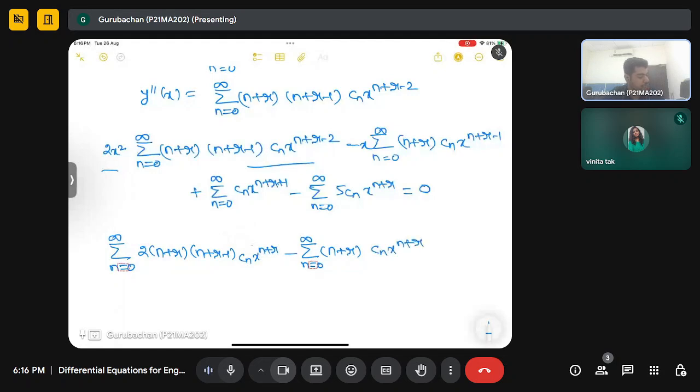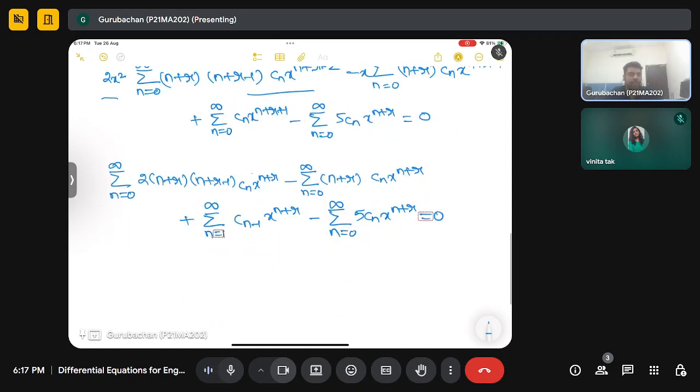Next is n plus r plus 1. We want to normalize the power as n plus r, so we substitute n as n minus 1. After substituting, we get the summation n from 1 to infinity c_(n minus 1) x to the power n plus r, minus the summation n from 0 to infinity 5 c_n x to the power n plus r. So all the powers of x are the same.